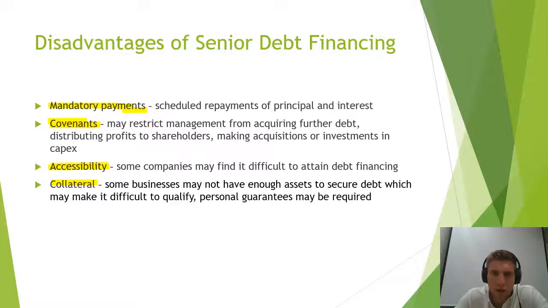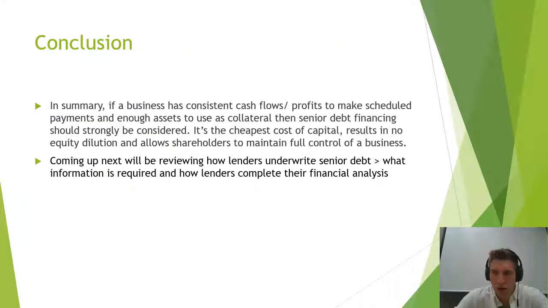So the last bullet point here, some businesses may not have enough assets to secure debt, which may make it difficult to qualify. And lastly, in some cases, the shareholders of a company will have to sign personal guarantees. So the shareholders will be personally liable for the debts of a company if a company goes belly up.